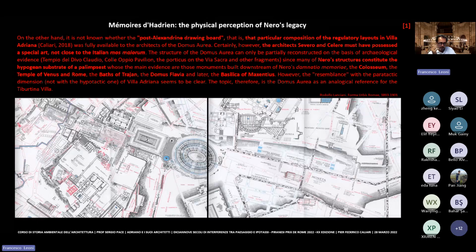On the other hand, we don't even know if Nero, and mainly his architects, Severus and Celer, had all the knowledge that the architects working for Hadrian would have used afterwards designing Villa Adriana.